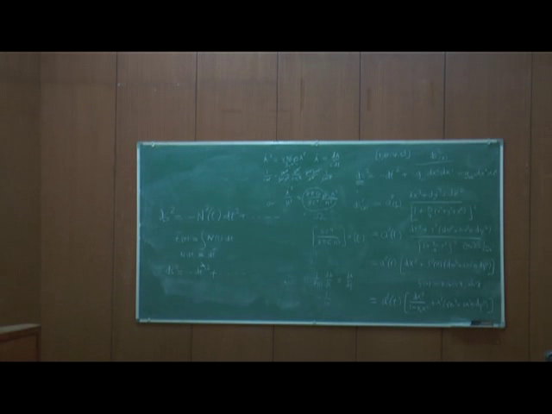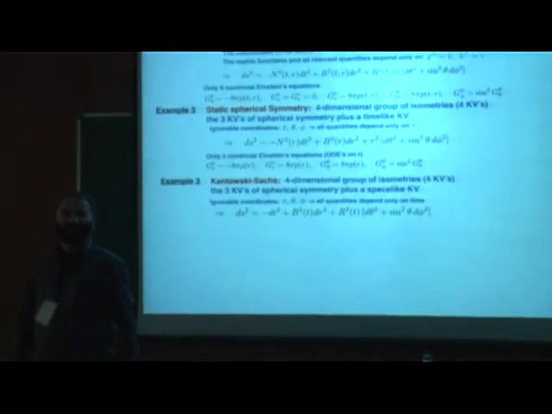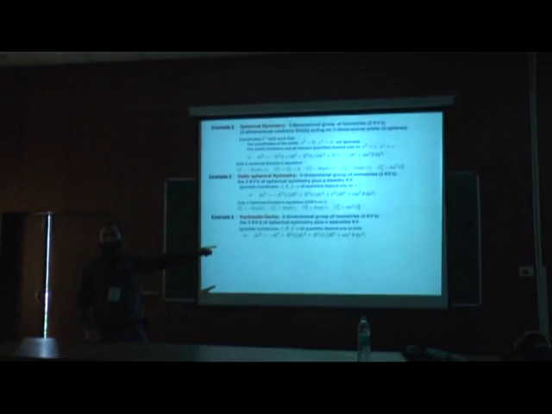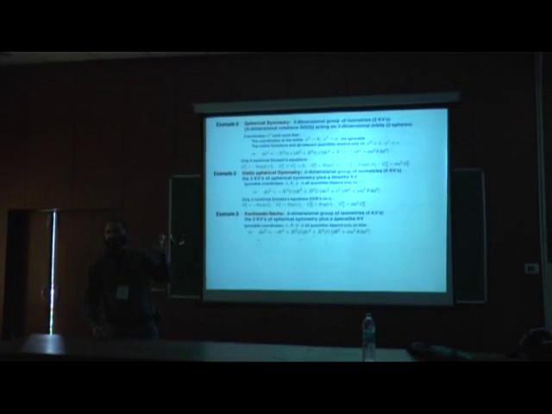All metric functions depend on time, but it's not Friedmann-Robertson-Walker. In the Bianchi 1 models, there are three functions that depend on time. Here, two functions depend on time. Friedmann-Robertson-Walker has one function. So these are quite simple models, more general than FLRW.